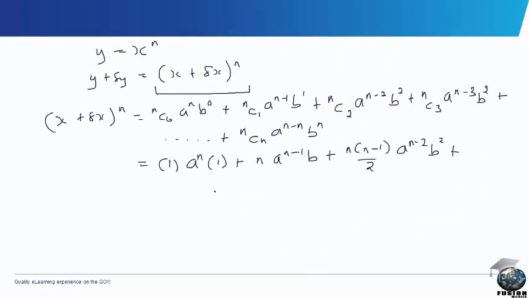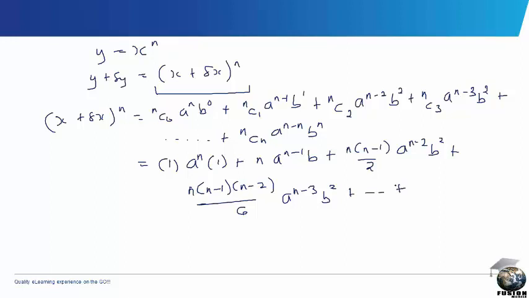Alright, and so we have n into n minus 1, n minus 2 over 6 a raised to power n minus 3 b cubed.